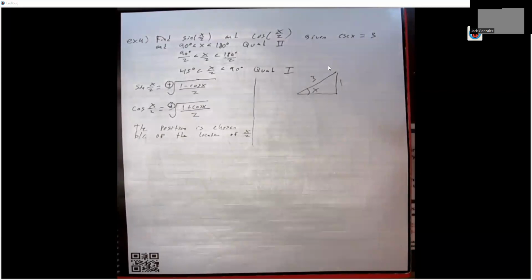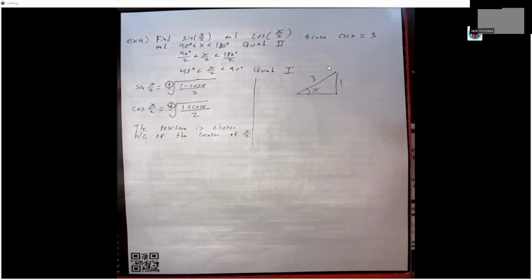Okay, we still need cosine, right? We're given cosecant. So build your triangle, we'll do it over here, I guess. What is cosecant in terms of triangles? Hypotenuse over opposite, so 3 and 1, right?